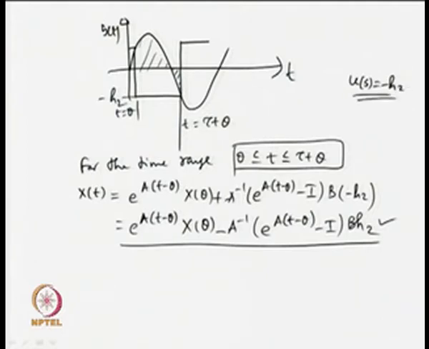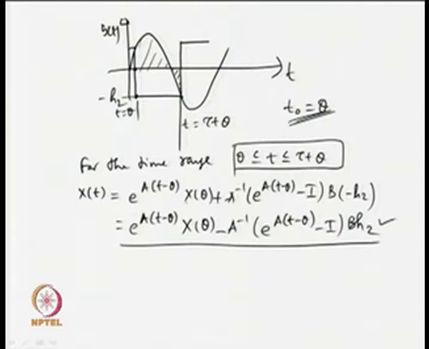Rest of the things will remain as it is. And what changes have been made to this state equation? We start the output signal from time t = θ till time t = τ + θ. Therefore, t0 becomes θ. Please keep in mind, t0 is θ, therefore, you have got x(θ) over here.